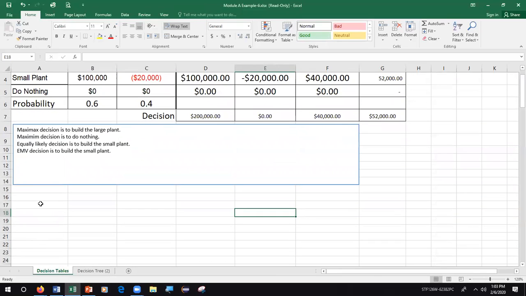If I'm looking for the value of perfect information, what is it I'm trying to determine? Well, perfect information is the expected value with perfect information, right? That's the first one.